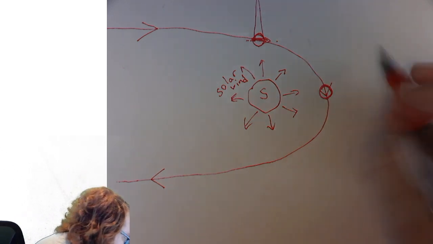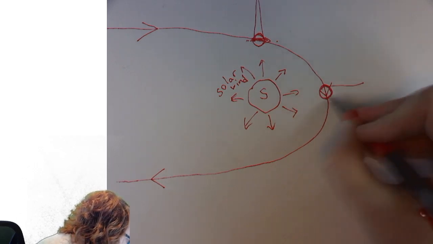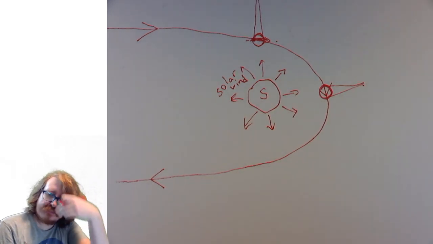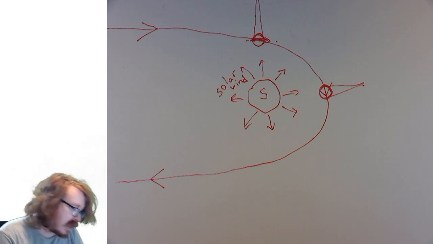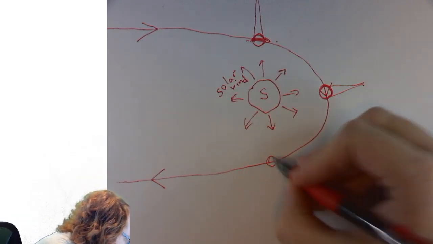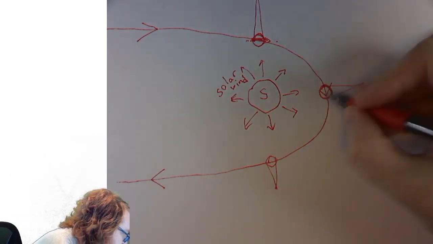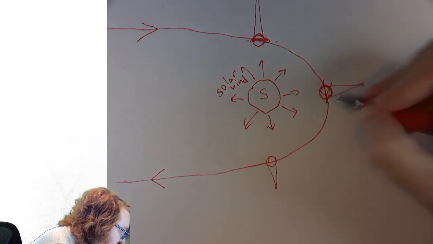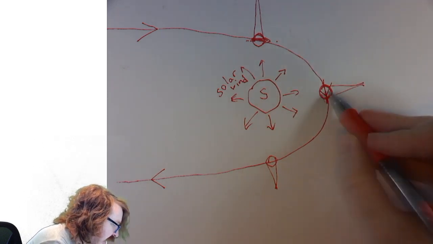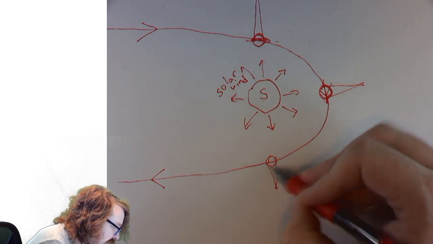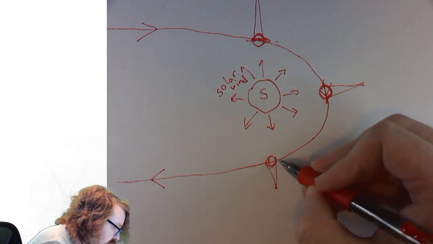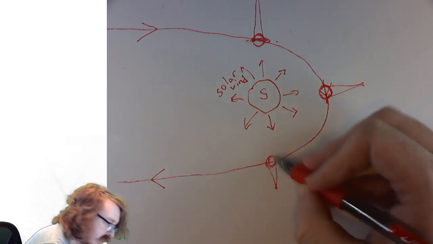Right. And you could probably guess what I'm going to get at. If the comet gets right here, the tail's going to point like this. So right here, again, the comet is moving down, but the tail's pointing out its side. Here, the comet is moving to the left, but the tail is pointing out of its side.